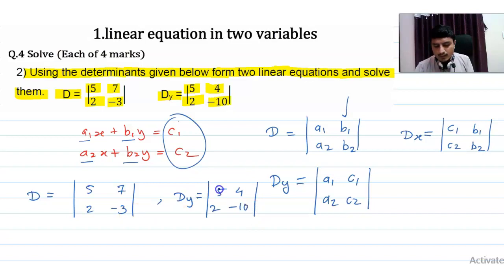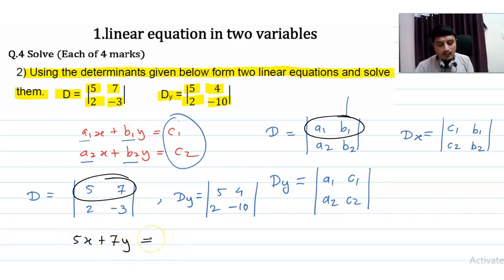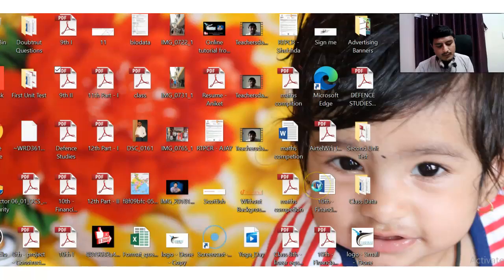So the coefficients of x and y from the first equation are 5 and 7, the first row of D, that are a1 and b1, so from equation 1 we are getting 5x plus 7y. While the constants, as per the Dy value, c1 and c2 are 4 and minus 10 respectively.